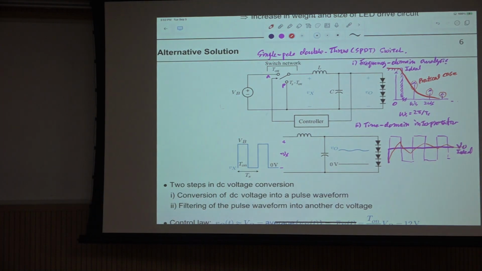That is shown here. It's called the ripple component.